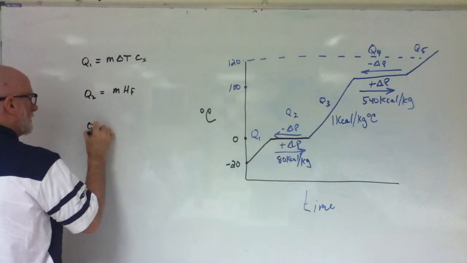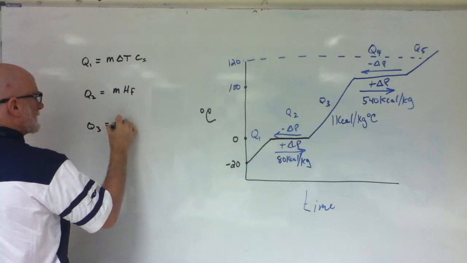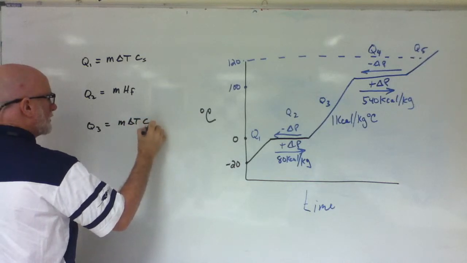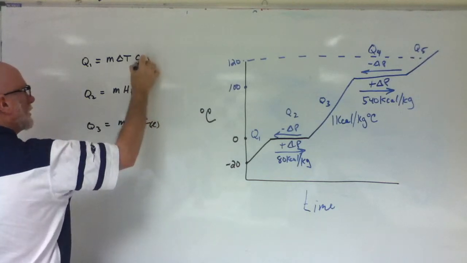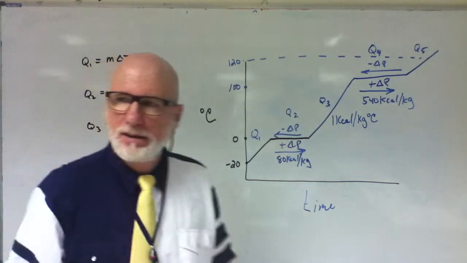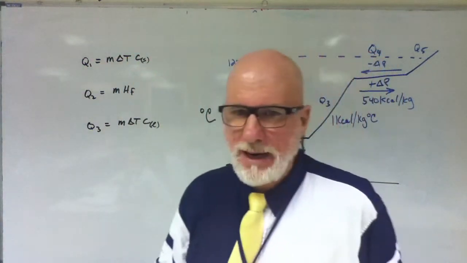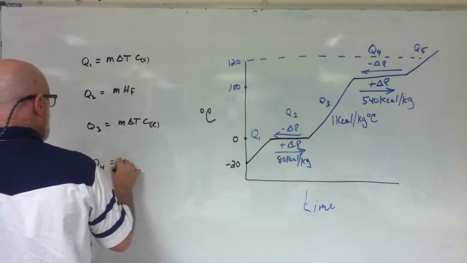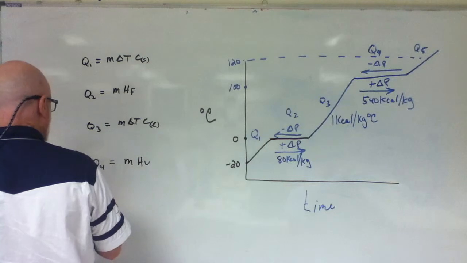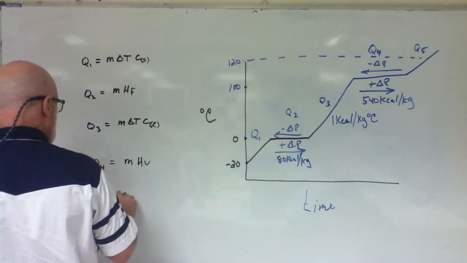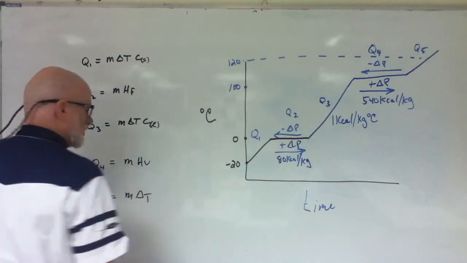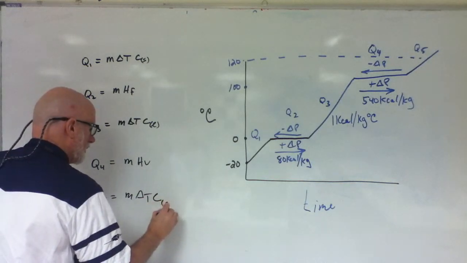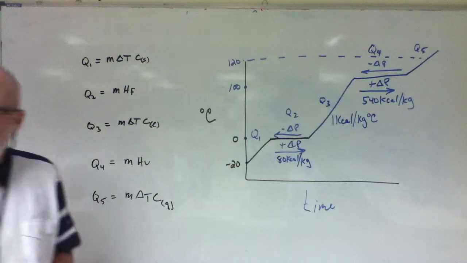Q3 is going to be the mass times the change in temperature times C for the water, the liquid water. Correct? Q4 is going to be the mass times heat of vaporization, and Q5 is going to be the mass times the change in temperature times C for the gas. Are we all right with that?